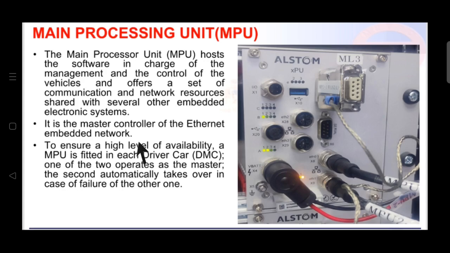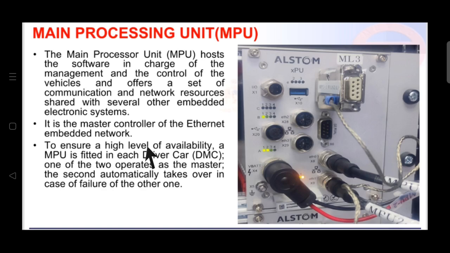What we have understood is that in TCMS there are different electronic components embedded with each other with the help of the Ethernet network, and to drive that Ethernet network, the main processing unit is the master controller. So these are the four most important functions: executing and implementing new software in the train, providing communication between different components, providing network availability to different systems, and being the master controller of the Ethernet network.